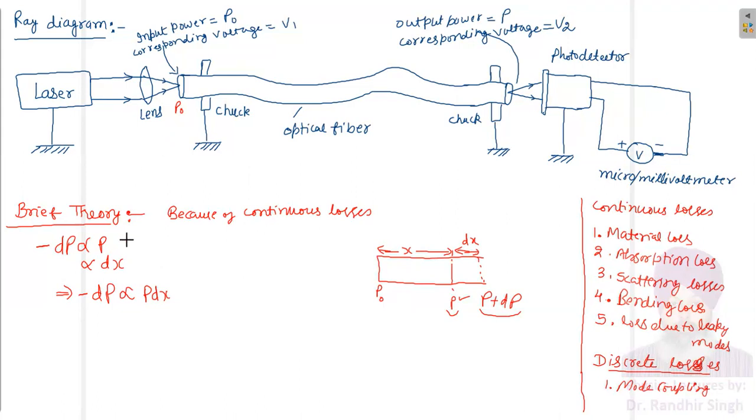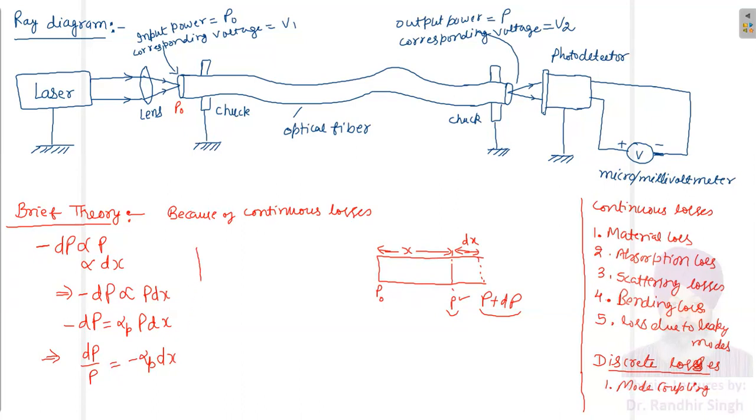If I convert this proportionality into equality, you will get minus dP is equal to alpha P dx. Here alpha P is the constant of proportionality and it is called the attenuation coefficient. We can also write it like this: dP upon P is equal to minus alpha P dx.